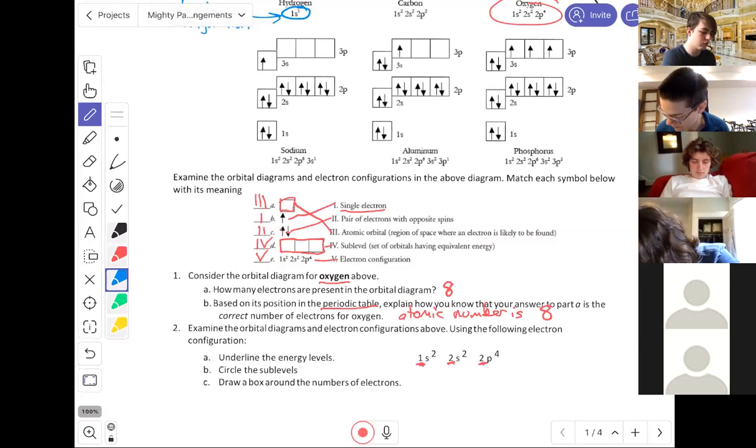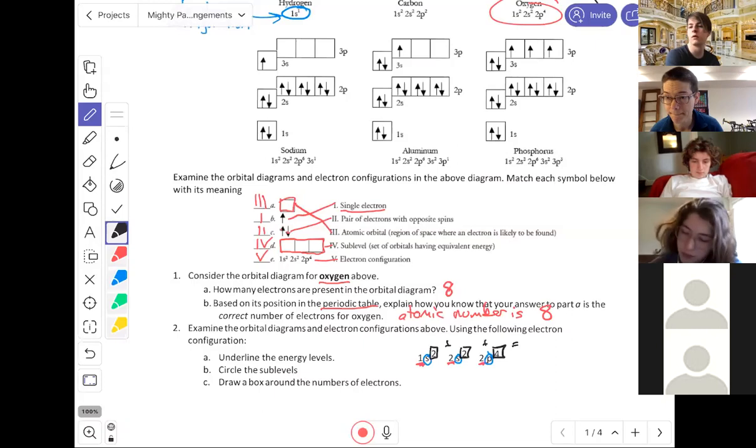What are we going to circle? The letters: S, S, and P. So that means by default, these exponents must be the number of electrons. And if I add up those exponents, what number do I get? 8, which is what I should expect for oxygen.